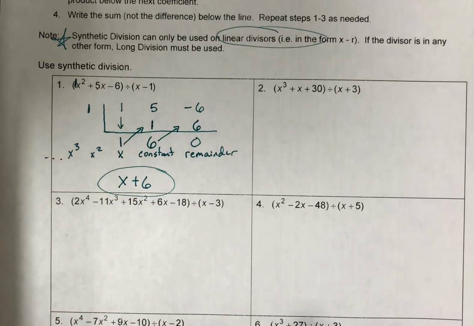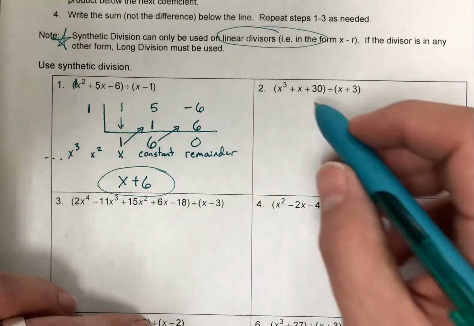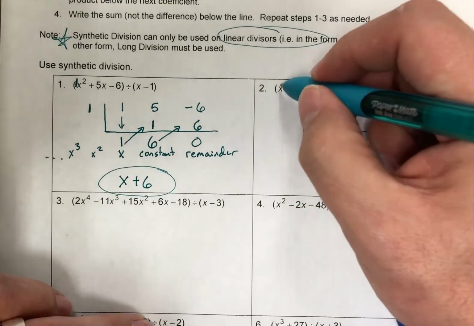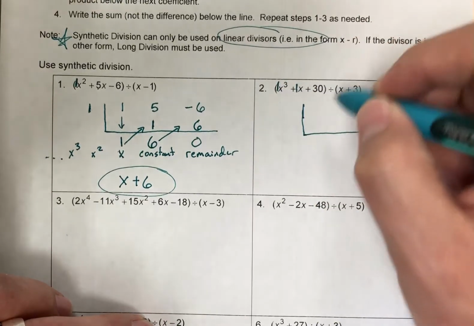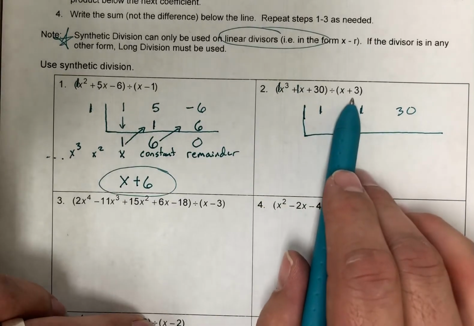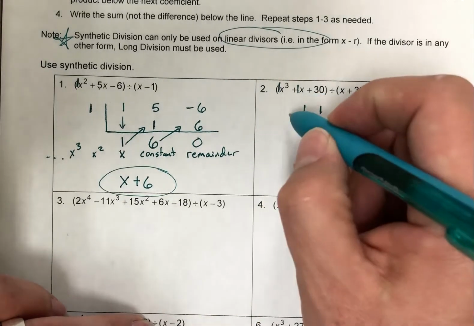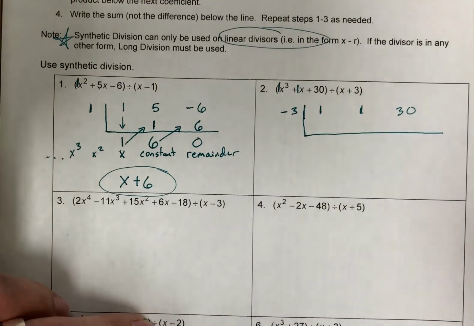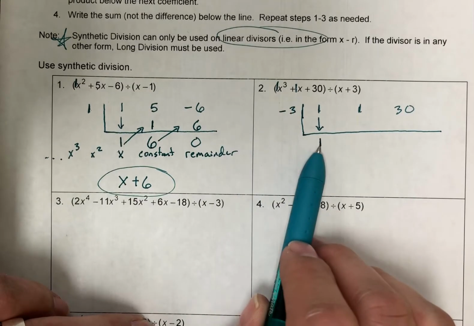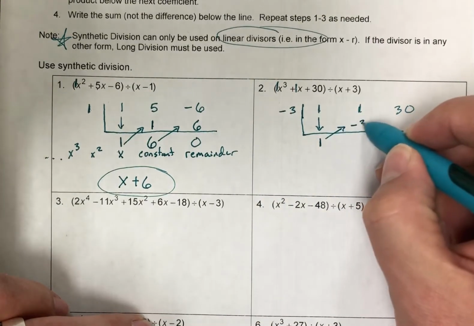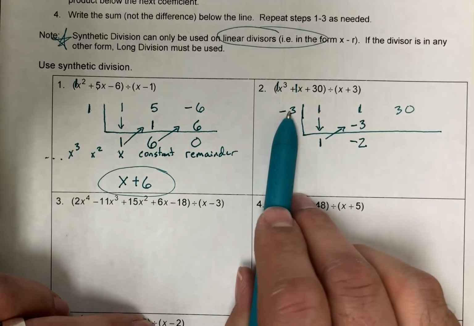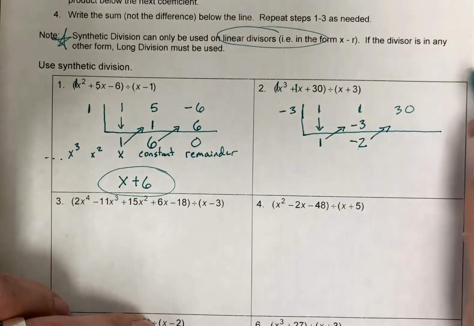Okay, so then we'll do number 2. Again, kind of an upside down division box. Coefficients 1, 1, and 30. Outside over here, remember we take the root, this is a +3, so we're gonna have a -3. We drop down this first number, we multiply. -3 times 1, we write it in the next column. Combine, and then do -3 times -2, write it in the next column.